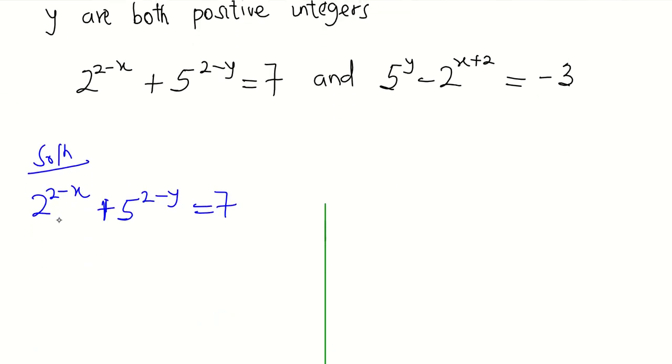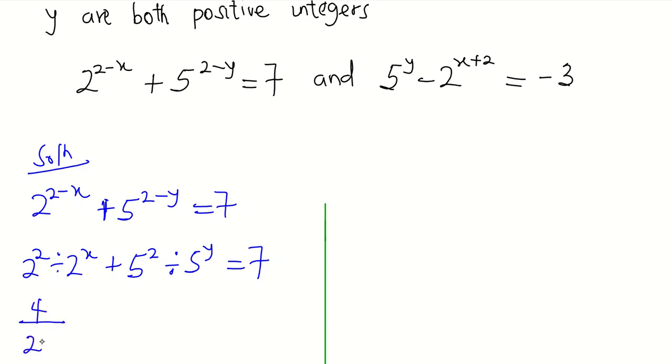Now 2 exponent 2 minus x means that originally the bases were dividing, and we can write it as 2 exponent 2 divided by 2 exponent x plus 5 exponent 2 divided by 5 exponent y, which is equal to 7. Now 2 exponent 2 can be written as 4, divided by 2 exponent x, plus 5 exponent 2 is 25 divided by 5 exponent y, which is equal to 7.